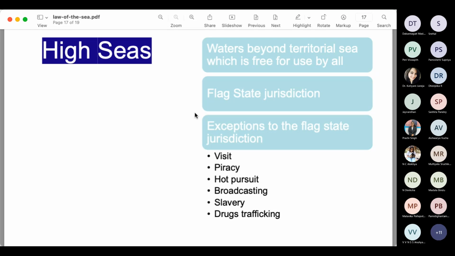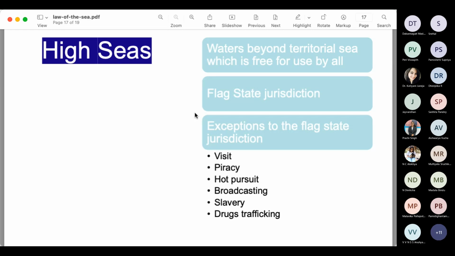Again, this seizure and search is carried out only by warships or military aircraft or other ships or aircraft that are clearly marked and identified as being part of the government and authorized as well. Acts of piracy may be committed only by private ships or aircraft. A public vessel or aircraft may be considered a pirate if it is intended by persons holding dominant control to be used for the purposes mentioned therein. Right? So generally piracy is done by some private ship or private aircraft.